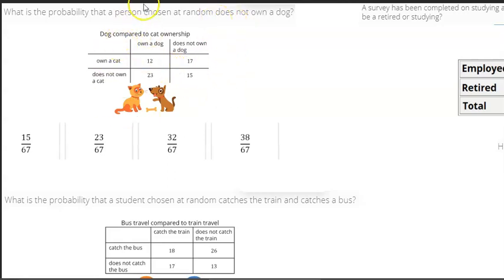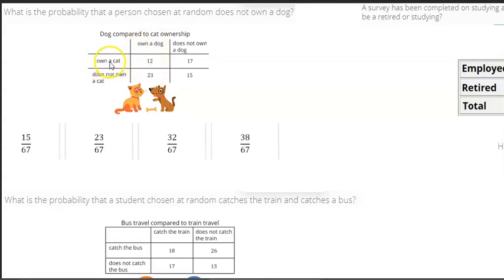Right here, we have what's called a two-way table. A survey was conducted on a certain amount of people, which we don't know yet. What we do know is that a person or a group lies in one of four categories. They either own a cat and own a dog in this category here.